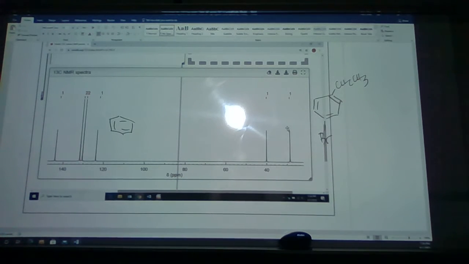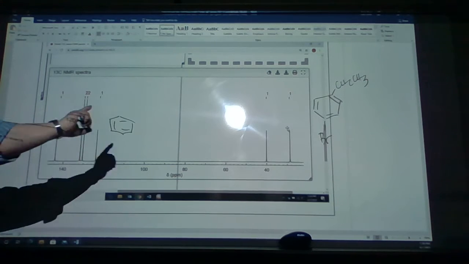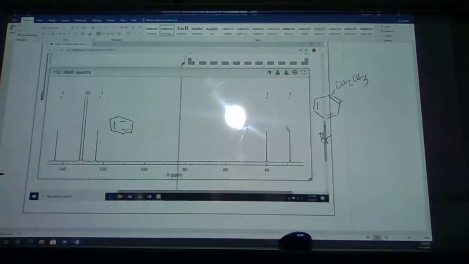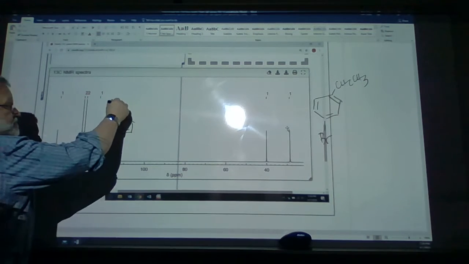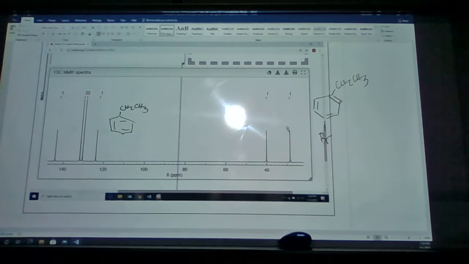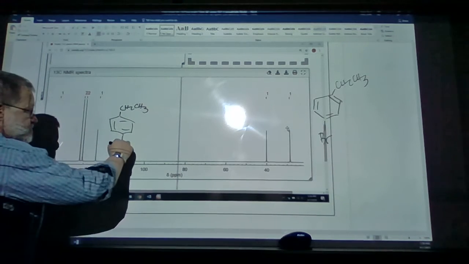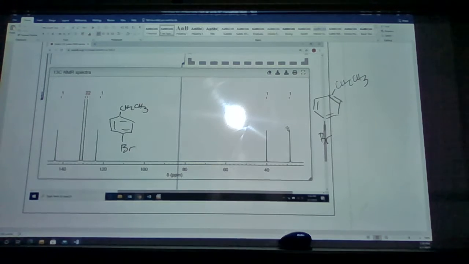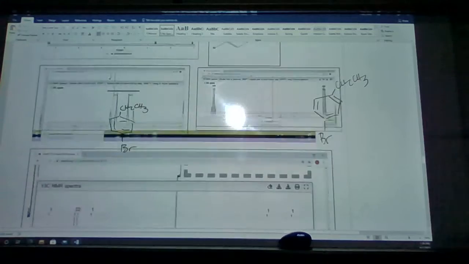CH2, CH3 are hydrocarbon-like environments. They're way upfield towards TMS. That was number 12.